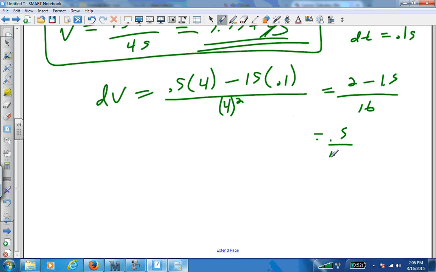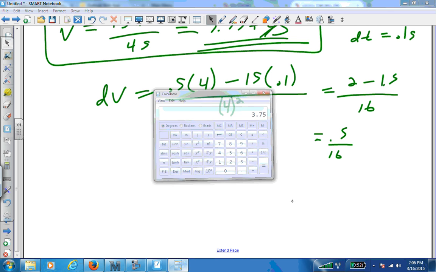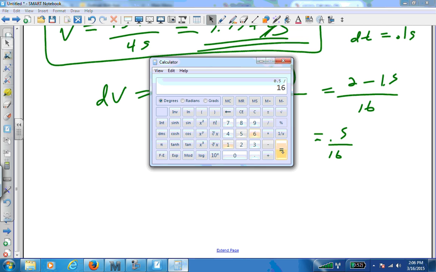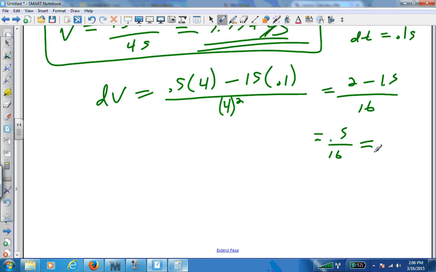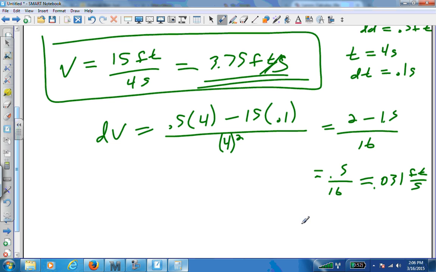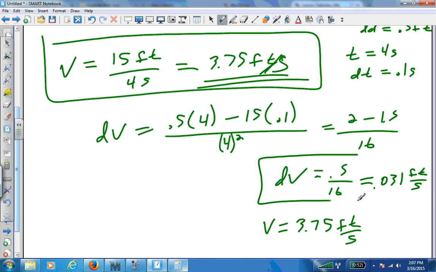So 0.5 over 16, 0.031 feet per second. So the actual velocity that we calculated was 3.75 feet per second, but we could be off by as much as 3/100ths of a foot per second too much, or 3/100ths of a foot per second too little.